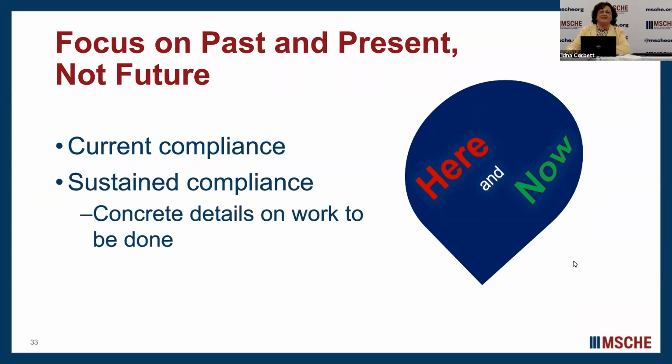It is not as helpful if you only provide information on what you will do in the future. However, because you do need to demonstrate sustained compliance, it is also important for you to provide concrete details of the work that needs to be done and when that work is expected to be done.